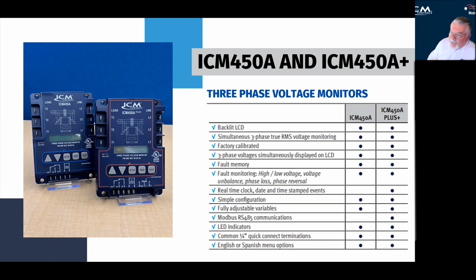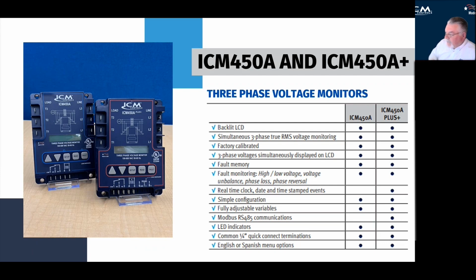All three legs are displayed on the monitor at the same time, so you can see the actual voltage for each leg. It's got 50 fault memory, fault monitoring, high voltage, low voltage, unbalanced phase loss, and phase reversal, which can be devastating to equipment, especially unbalanced phase loss. Phase reversal can take stuff out in a hurry.